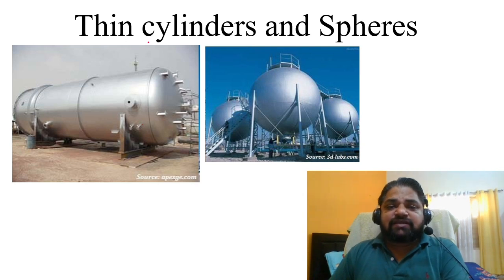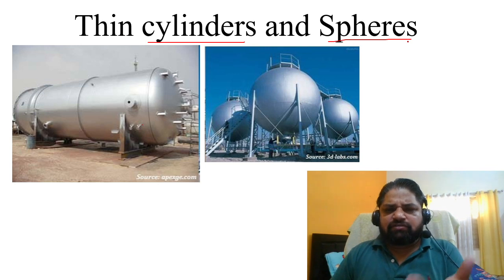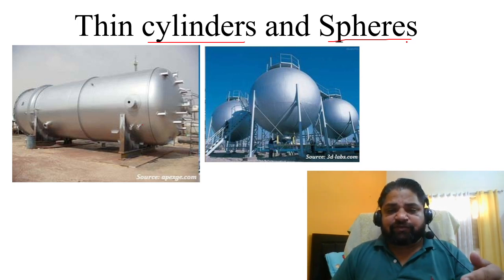If I am saying thin cylinders and spheres, are there other kinds of panels or structures available, how has their classification been done, and how do we define them? So first we will discuss the definition, then the classification, and after that the stresses due to internal pressure, which is the only reason that creates all kinds of stresses.